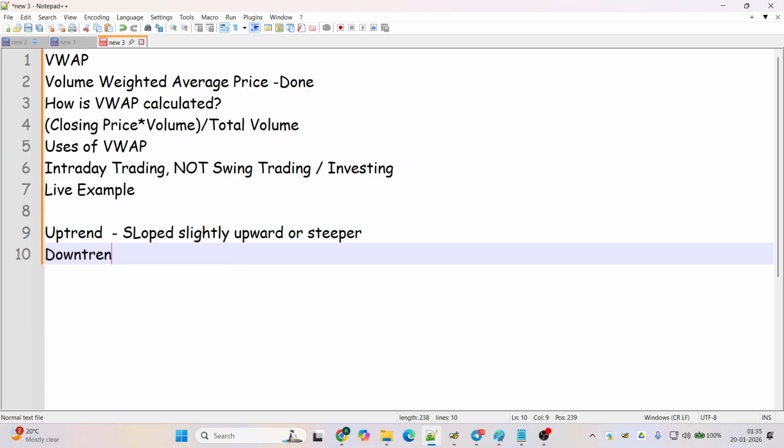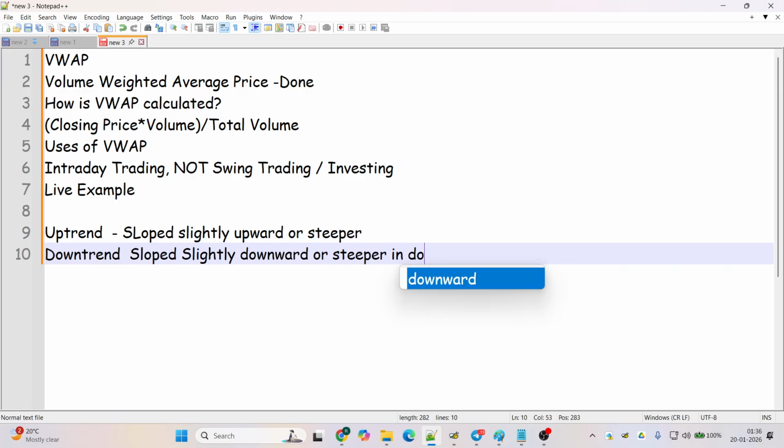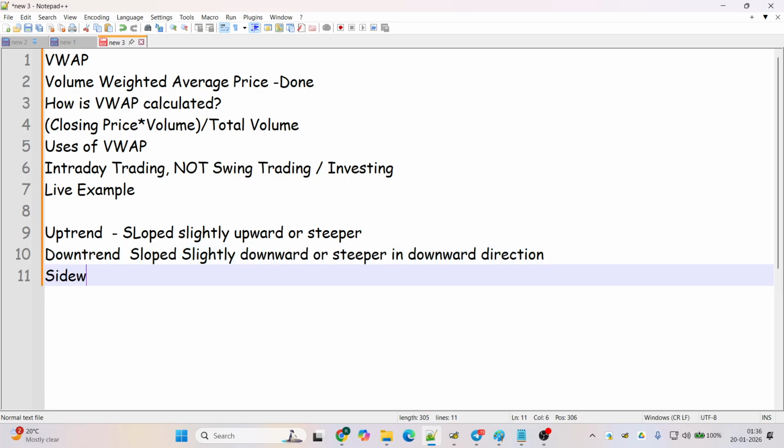Downtrend is sloped slightly downward or steeper in the downward direction. Sideways is almost zero slope or lying flat, and avoid taking any trade during a sideways market.